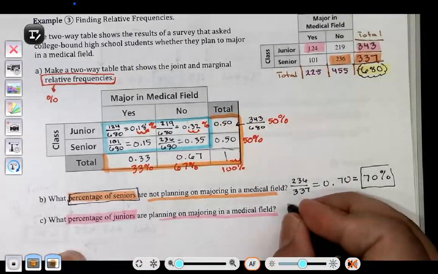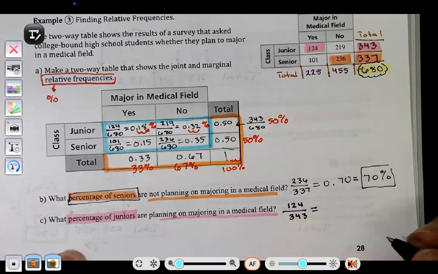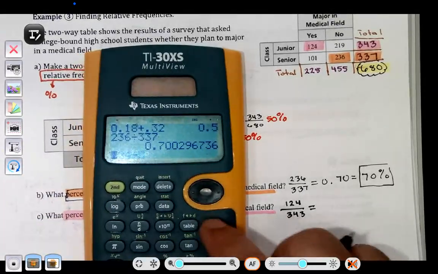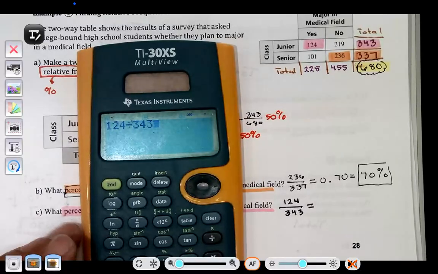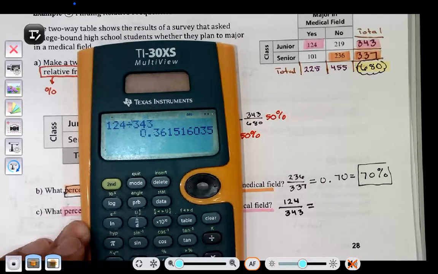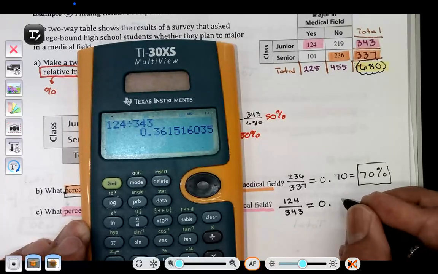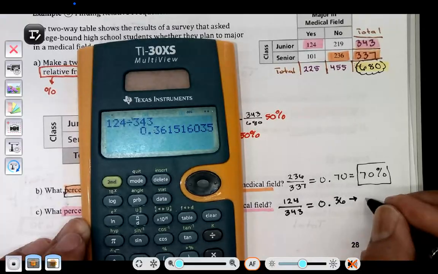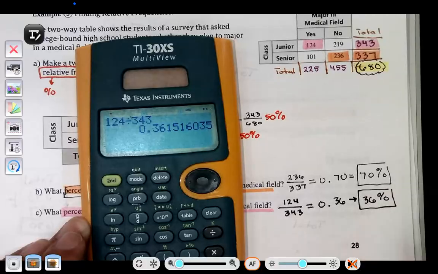So 124 over the 343. All right, let the calculator help you out there again. 124 divided by 343, because that's how many juniors we had. All right, how am I writing this? 0.36, but what percent is that? 36%. There's my answer.